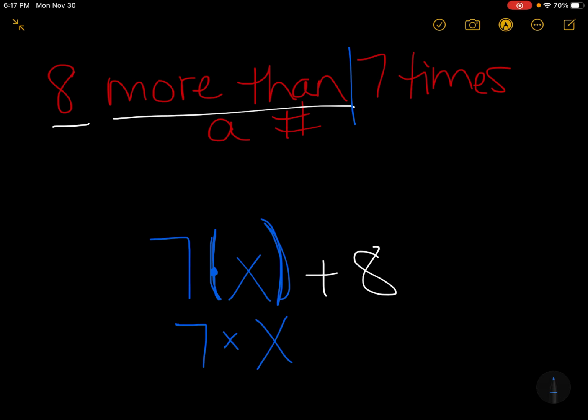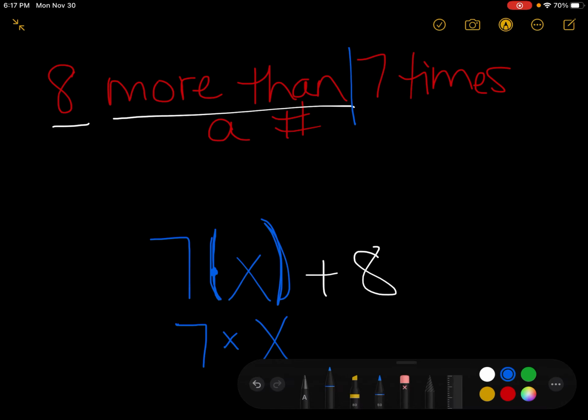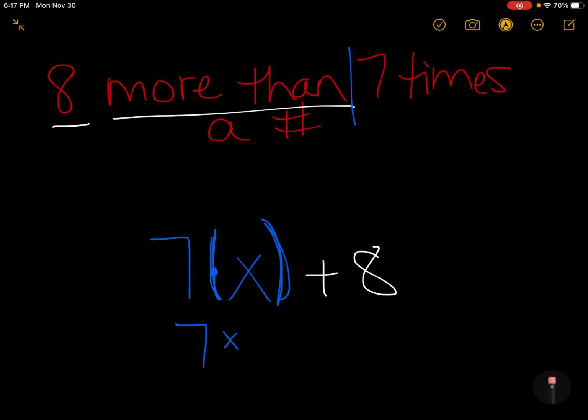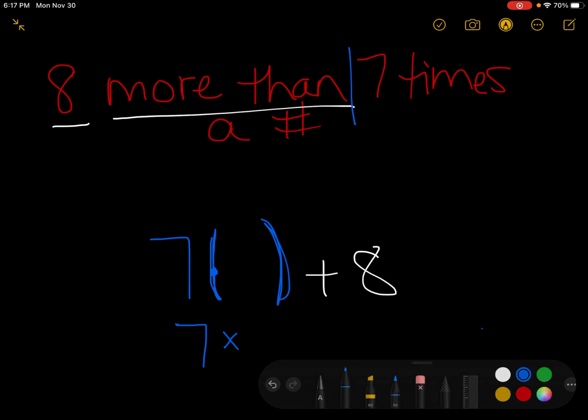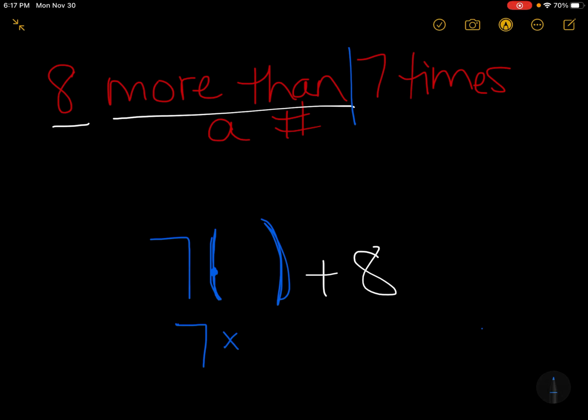In this instance, we probably should have chosen something different than x so that we can tell the difference between our multiplication and our variable. So let's say v. These are super important because we're trying to get them in the correct order so that we can actually do the order of operations later on.